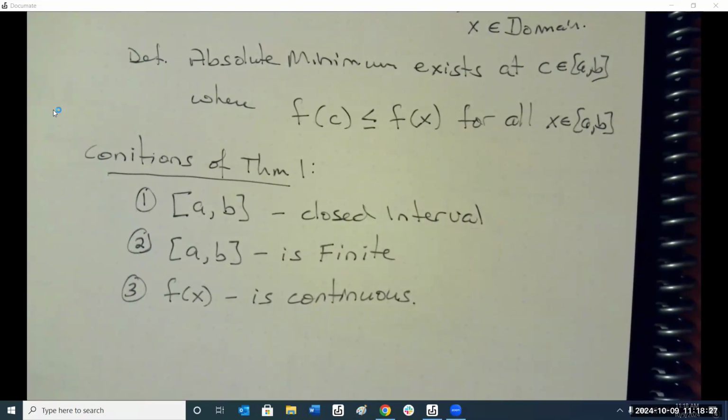If all three of these conditions are met, then the theorem applies.